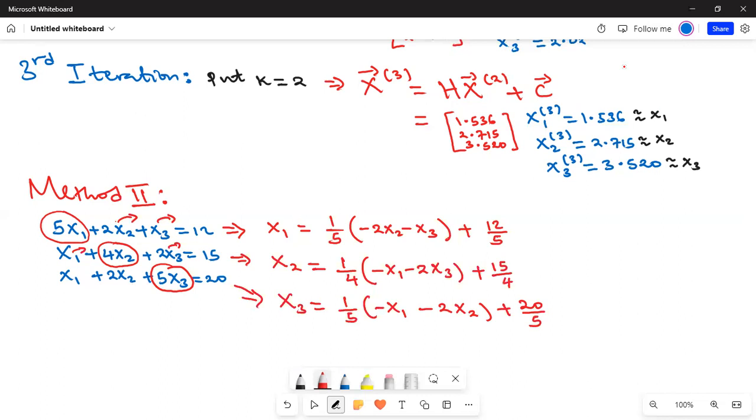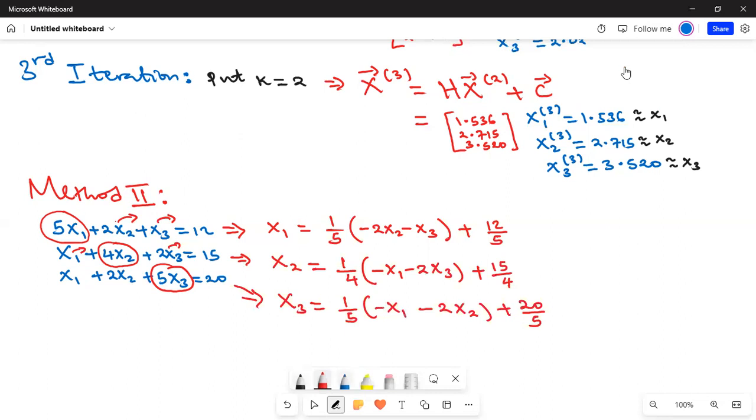You need to take note that equation 1 will give you the value of x1, equation 2 will give you the value of x2, and equation 3 will give you the value of x3. The rest you take to the right-hand side.